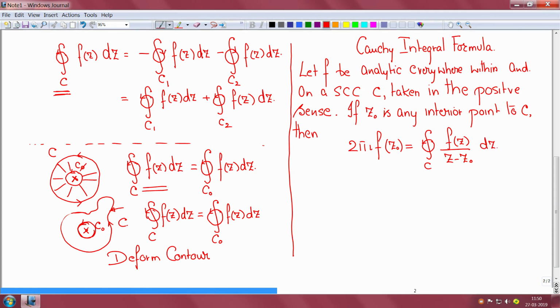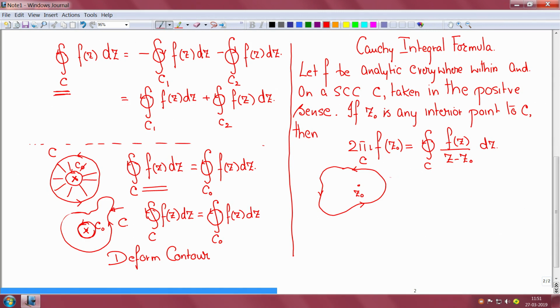Okay. So, pictorially there is this contour C, closed contour C taken in the positive sense, okay, and there is this point z0. Okay. So, let us see how.